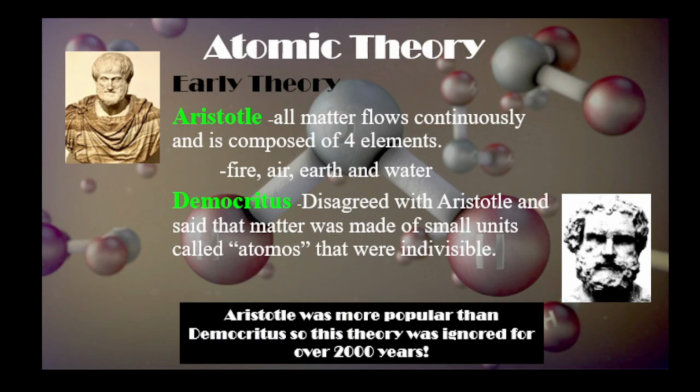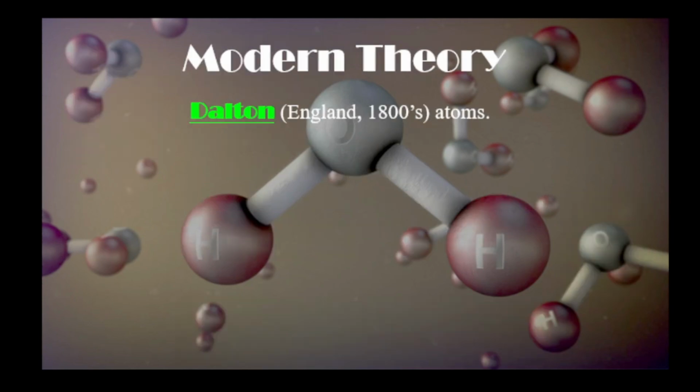So in the modern theory, the most famous person who revised or created this theory is none other than John Dalton. He's from England, so he was born in the 1800s. So he focused himself in studying about the atoms together with other persons, where he gathered those data and came into conclusion with this theory.